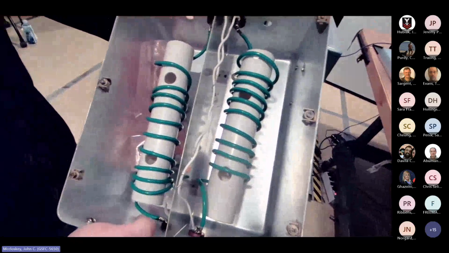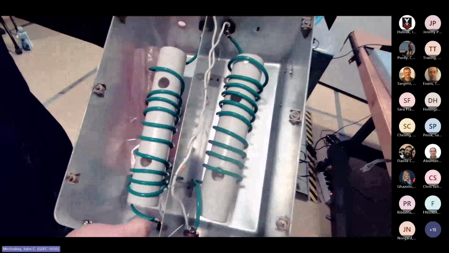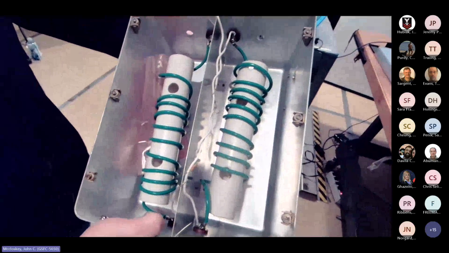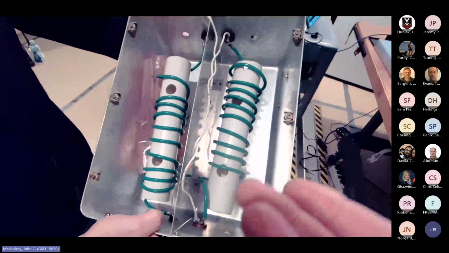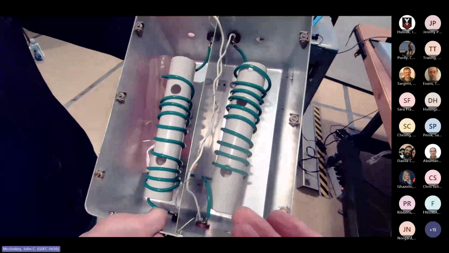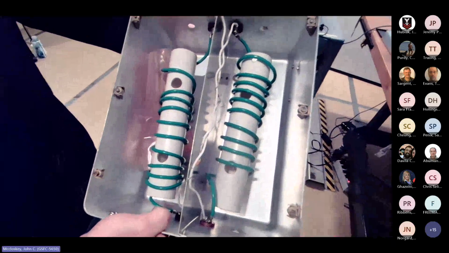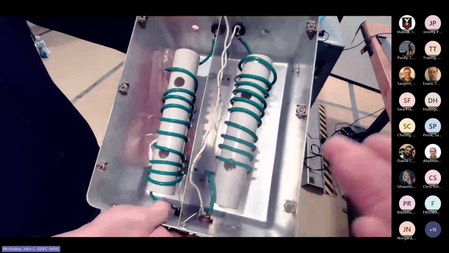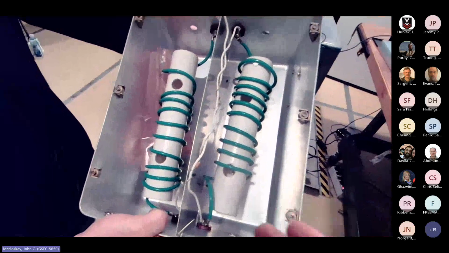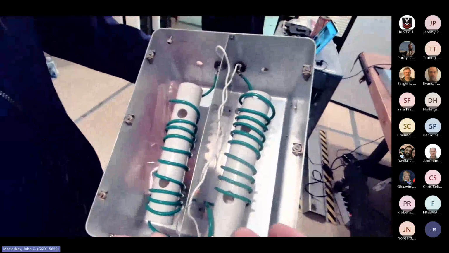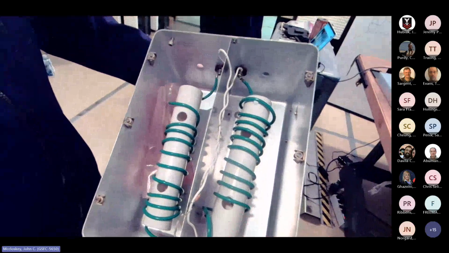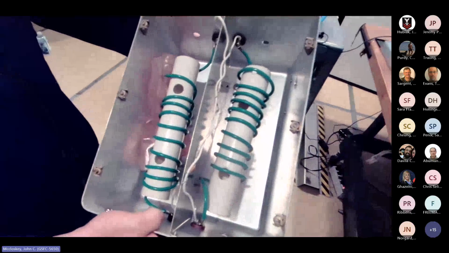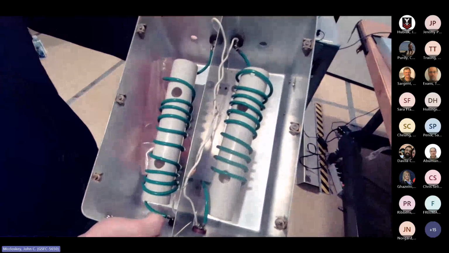I had a summer intern two years ago, and I turned her loose with a bit of oversight to try to build this up. And she did a great job. We all realized it's non-trivial to build a decent LISN that works up to, they were specifying, I believe, 100 megahertz.